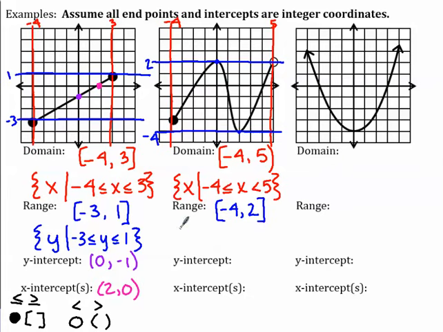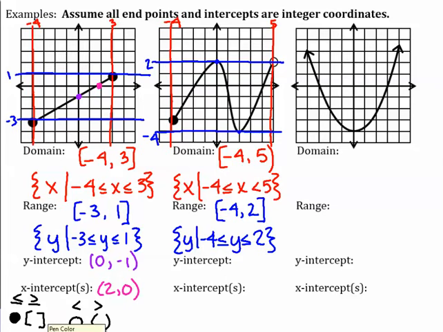So then just like the previous example, we're going to have the set of all y's such that -4 is less than or equal to y, less than or equal to 2. Because I had square brackets on both of those, I have less than or equal to symbols in both places.